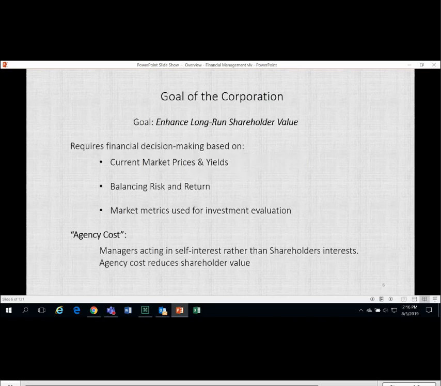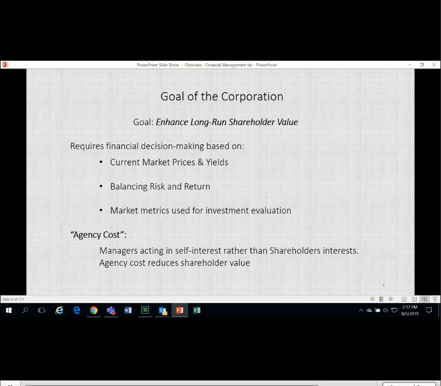The goal of the corporation is to enhance the long-run shareholder value. That is, the value of the common stock owned by the shareholders. It is not simply just maximize profit. In order to do so, it requires that financial decision-making be based on, first of all, current market prices and yields. That is, don't make decisions based on prices and yields in the past.